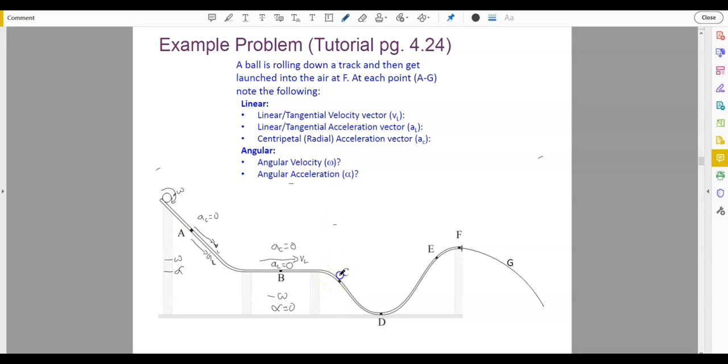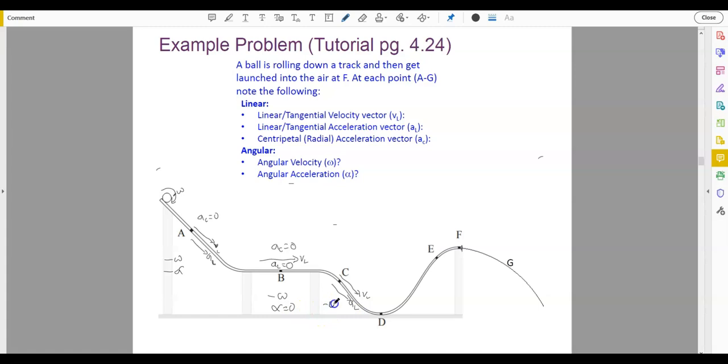Okay, well at C, this guy is going down and to the left, just kind of like up here. So it's got a down left velocity vector. And it's on a downward portion of the path, so it's going to have a down left acceleration vector.